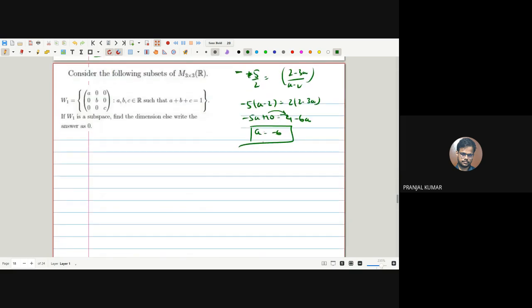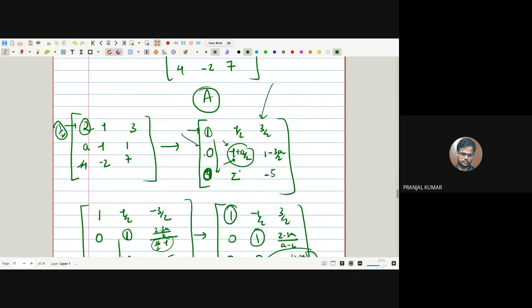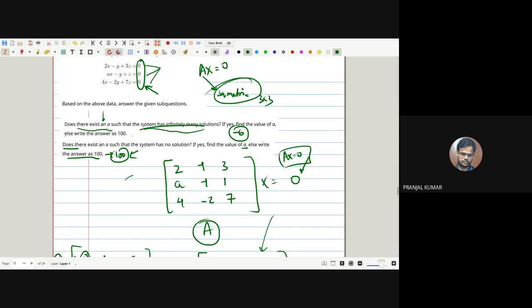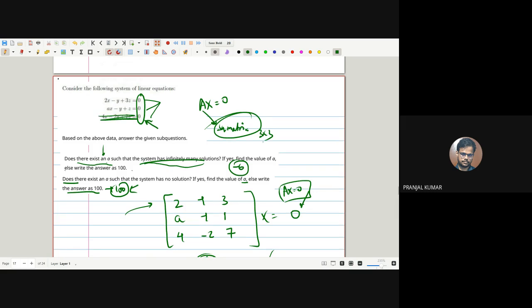So now this question, W1. So you can see that this is a subset of 3 cross 3 matrices. Whoever pointed out that the determinant is an easy way to do it, yeah, that is correct. But what if this equation was not given?